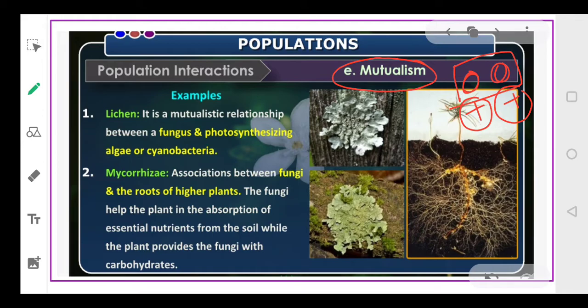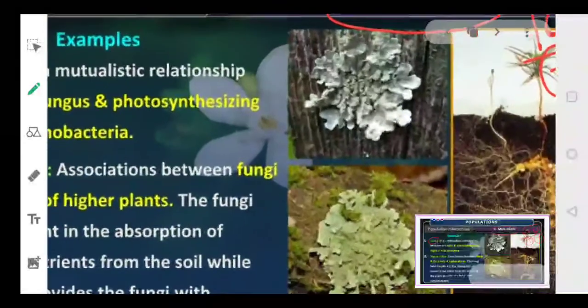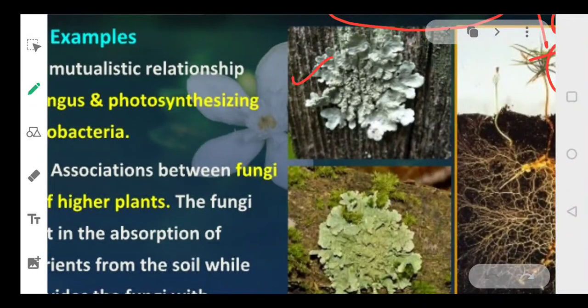Right? So first of all, the example is lichens. You must have observed lichens growing on the trees. This is a lichen, this is also a lichen. Lichen is basically an association between algae and fungus.